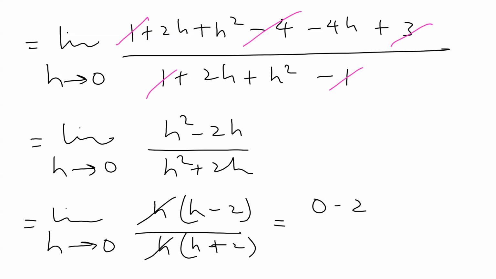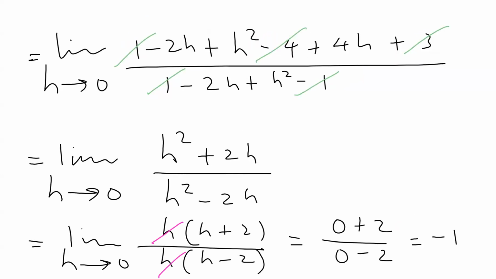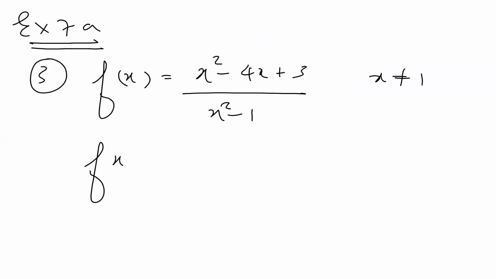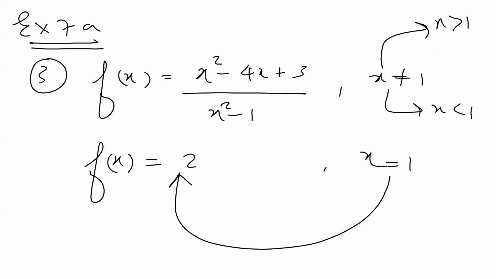Now we can put the value of h as 0. So the answer is minus 1. The left hand side limit and the right hand side limit both give minus 1. But at x equal to 1, the function holds a different value, that is 2.